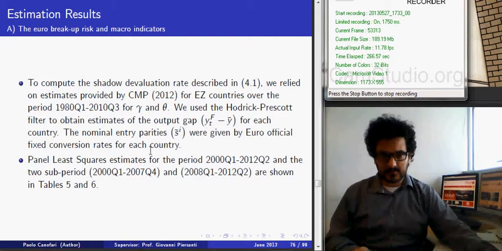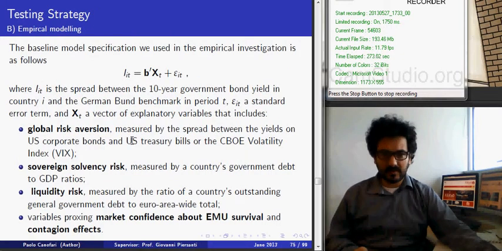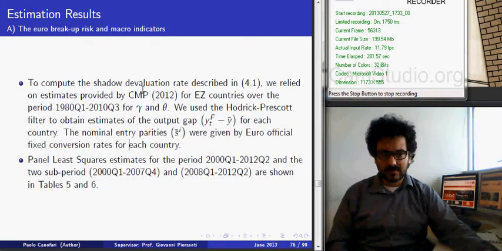As a first test, in order to identify the long-run relationship between the main variables in our empirical investigation, so the interest rate spreads and the other explanatory variables, we start with the panel least squares estimation, which is reported in tables 5 and 6.